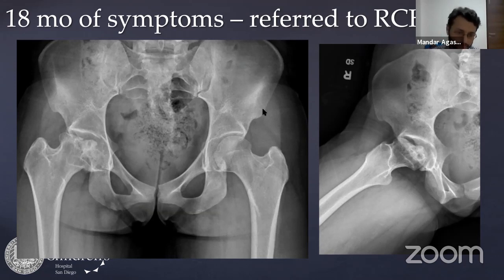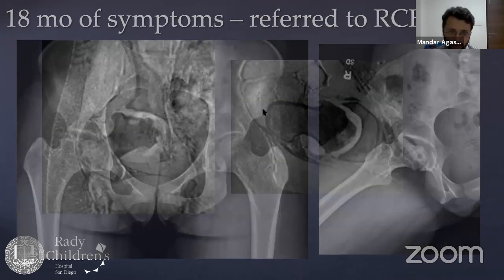Looking at the way the head is, I don't think there is any good solution to it as of now. We can do additional imaging in the form of an MR with a CT just to look at where we are. But I don't know whether we can salvage this hip in any way.